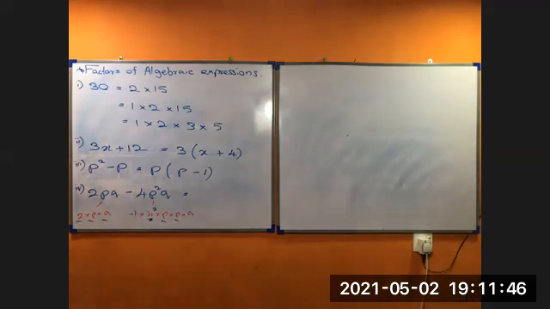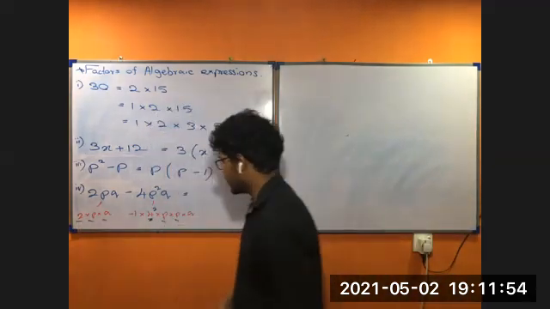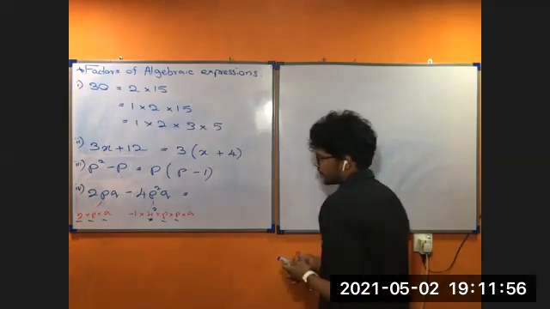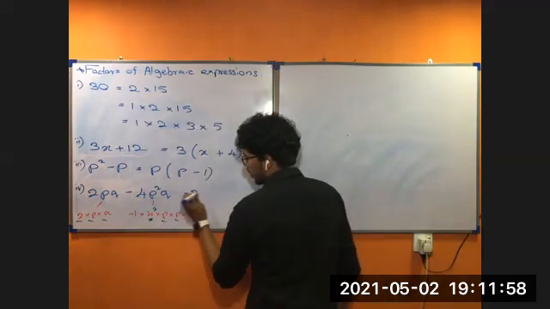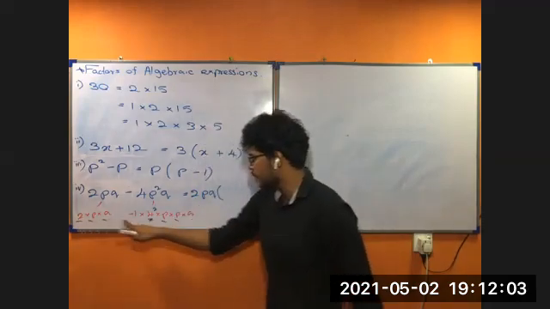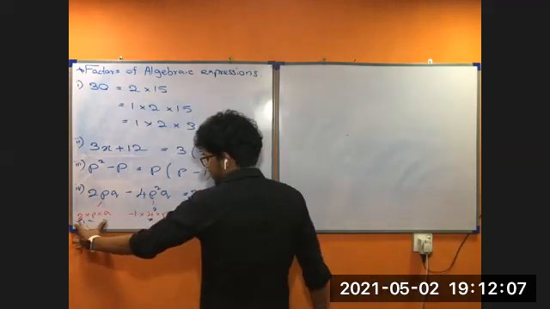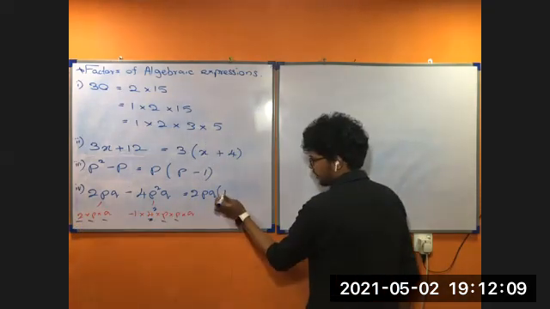Let me check the answers. Okay, great. So 2PQ we have common, right? So you take 2PQ outside because it is 2 and a P and a Q are common. You also got the same. So here I'm going to take everything, so 1 is going to be remaining.